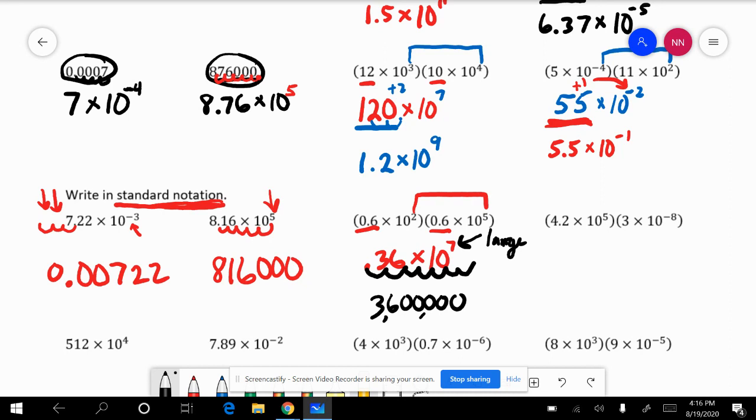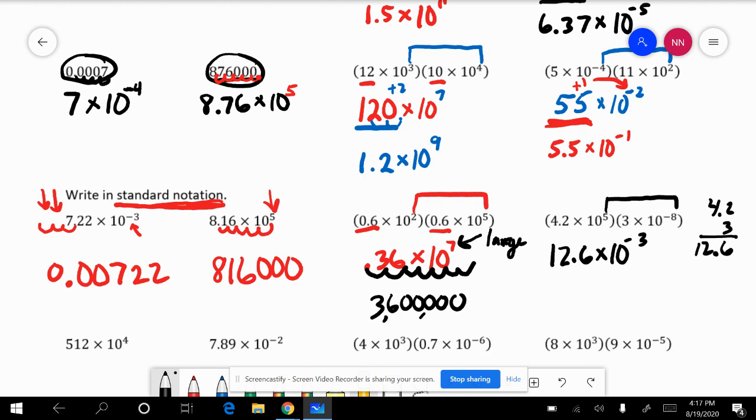Looking at our next one, we do the same thing. I'm going to take the 4.2, I'm going to times it by 3. That gives me 6. That gives me 12. 1 decimal place. So I have 12.6. Remember, I add the exponents whenever I multiply. So it would be times 10 to the negative 3.